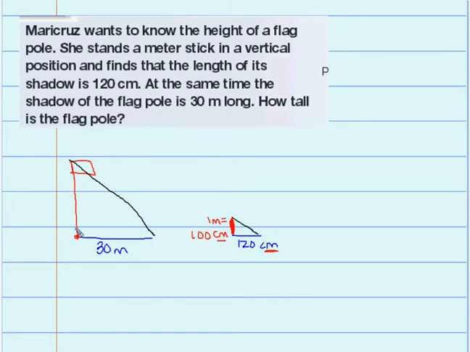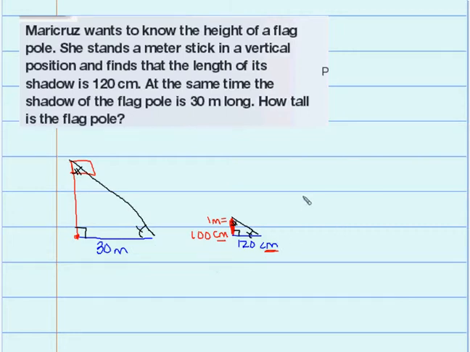I know that this is a right angle. I know that this angle will match with this angle. They're congruent because they're the angle that the sun hits the ground, and then this angle at the top has to be congruent with the other angle, because if 2 angles in a triangle are known, the third will be equal.